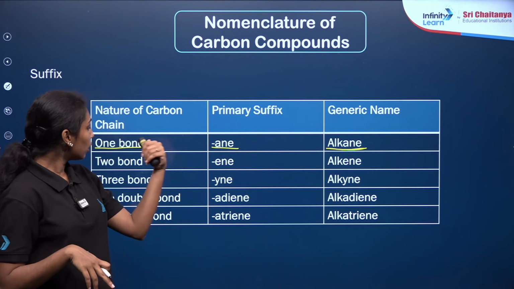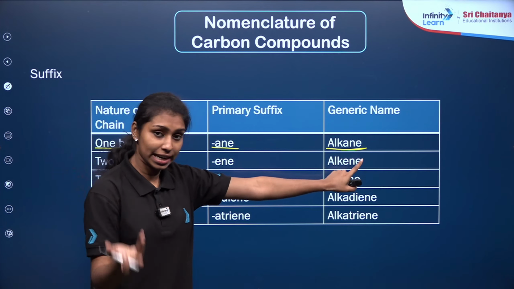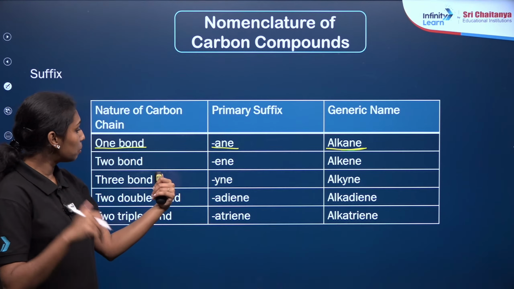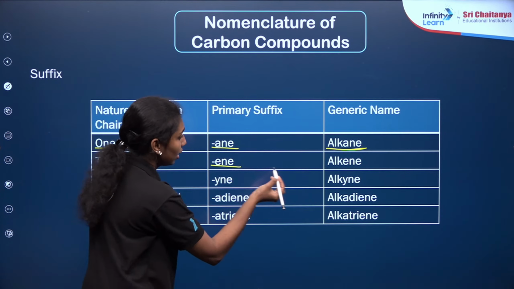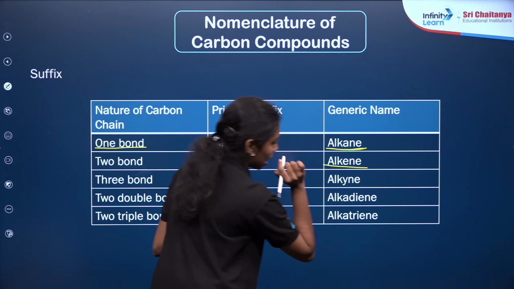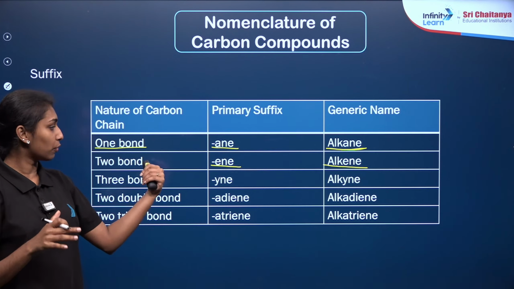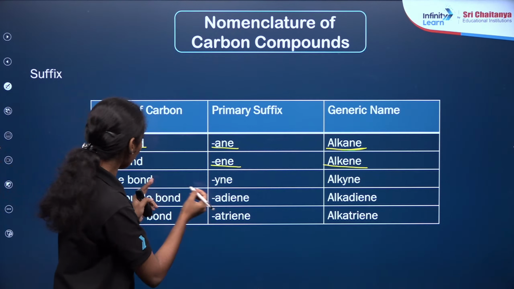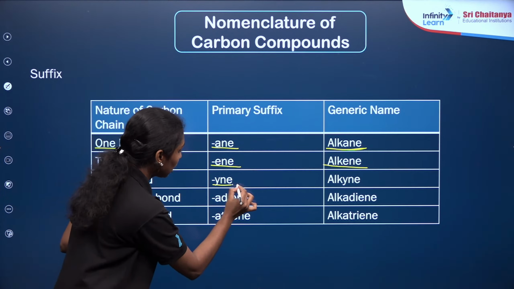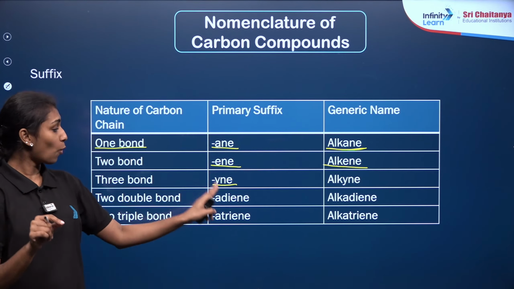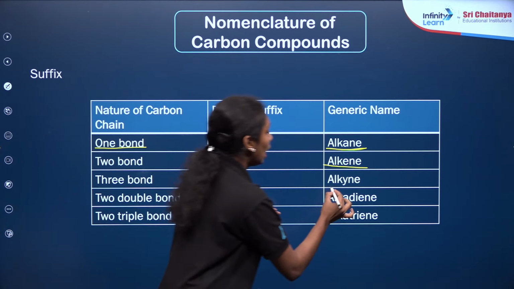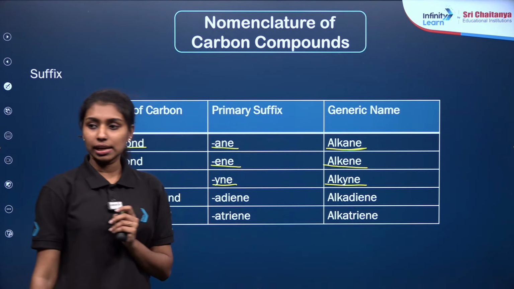If it has only a single bond, it will be alkane. If it has a double bond, it will be alkene. The suffix will be ENE. Only a small difference in the name, but structure-wise it is a huge difference, right? In the case of a triple bond, the suffix will be YNE, and it is called an alkyne. Is that clear?